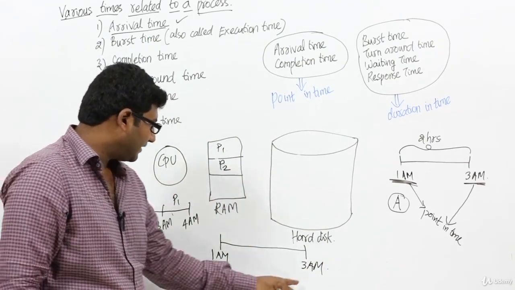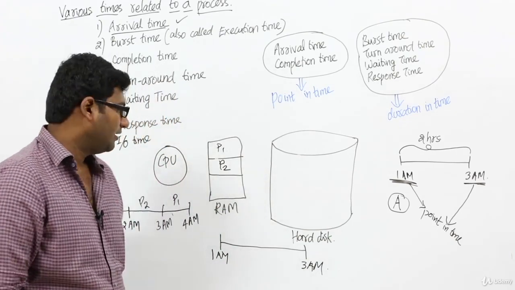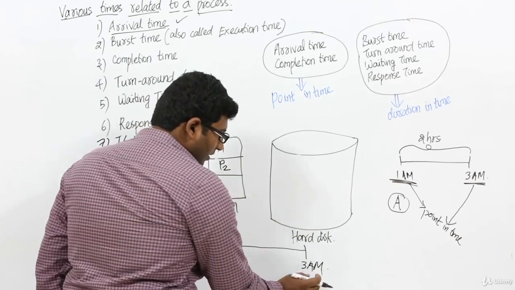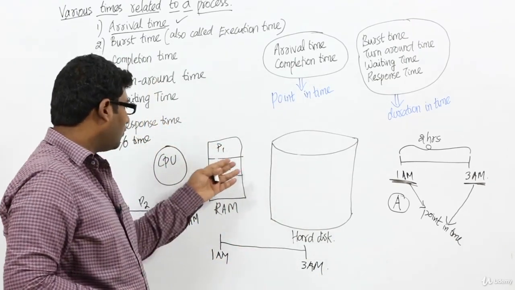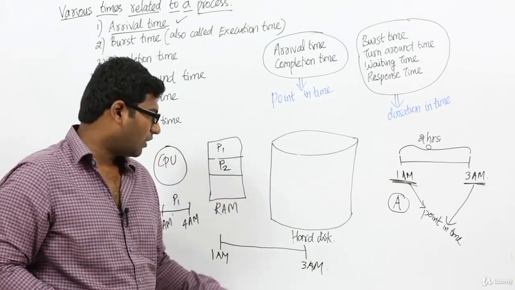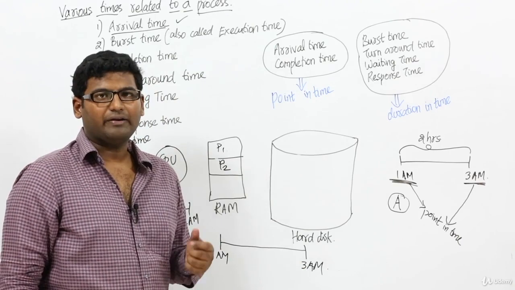And the 3 a.m. is called the completion time, because at this time the process has completed its execution and can be removed completely from the RAM. Completion time is also a point in time.